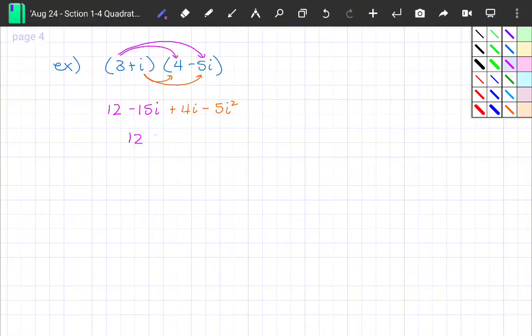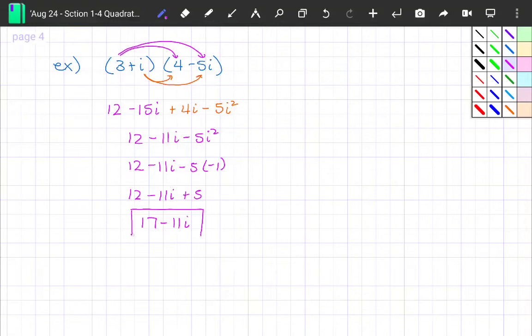So the negative 15i plus 4i is negative 11i. So it hasn't been any different than if these were just regular variables. The only difference is, remember from that table above, we said what I squared equals. I squared is negative 1, and negative 5 times negative 1 is plus 5, so we wind up with 17 minus 11i.